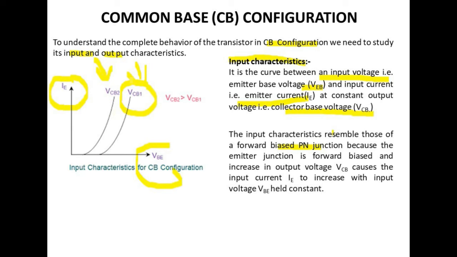The first curve is drawn keeping VCB1 constant and the second is drawn with VCB2 constant. So we see that an increase in output voltage VCB causes the input current IE to increase with input voltage VBE held constant. It is very clear from these characteristics.